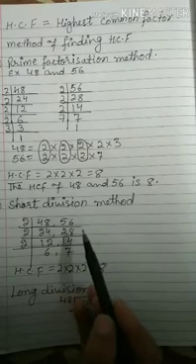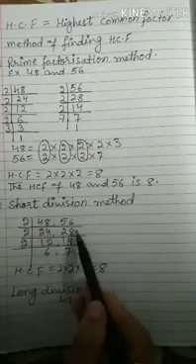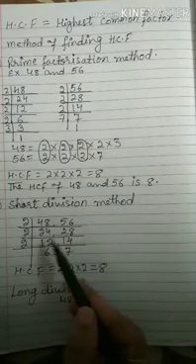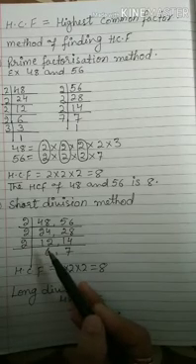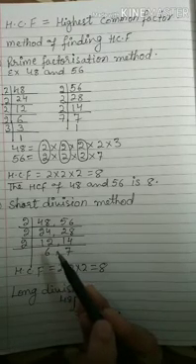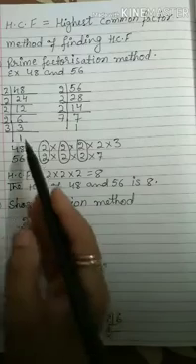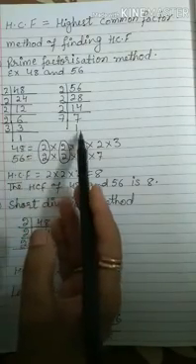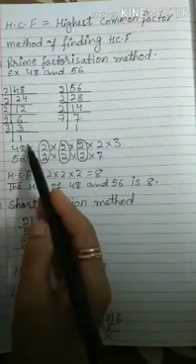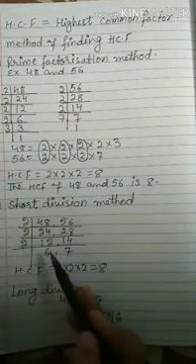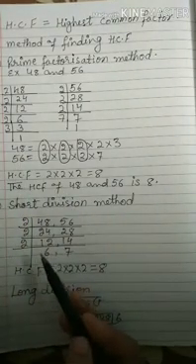In the short division method, we take both numbers together and divide by the same number. In prime factorization, we have to divide up to the last 1, but in this method that is not applicable.